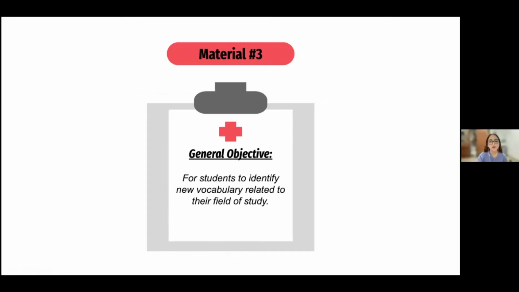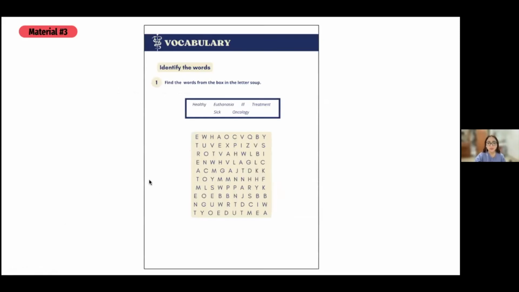Okay, and now for material number 3, we have the general objective, which is for students to identify new vocabulary related to their field of study. And here we can see that they will work with vocabulary, and this promotes autonomy in learning, because first they will identify the words and get in contact with the vocabulary they will study.